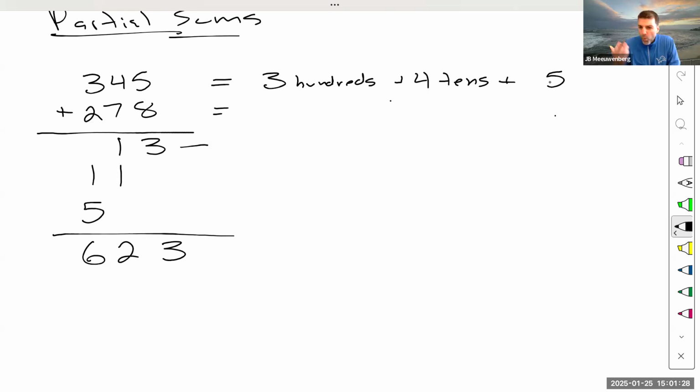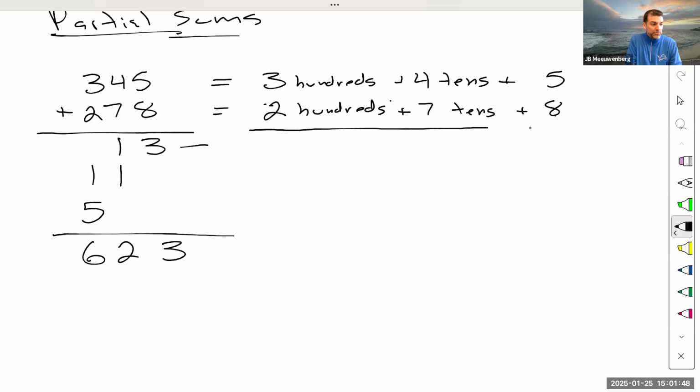We'll just say 5 ones. The same thing with 278: 2 hundreds plus 7 tens plus 8. So we're seeing the written words of the place values.